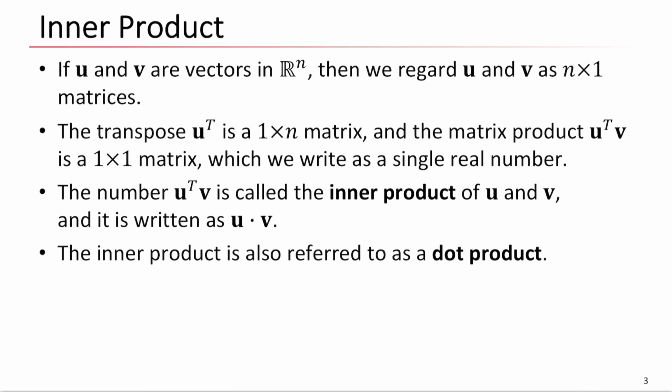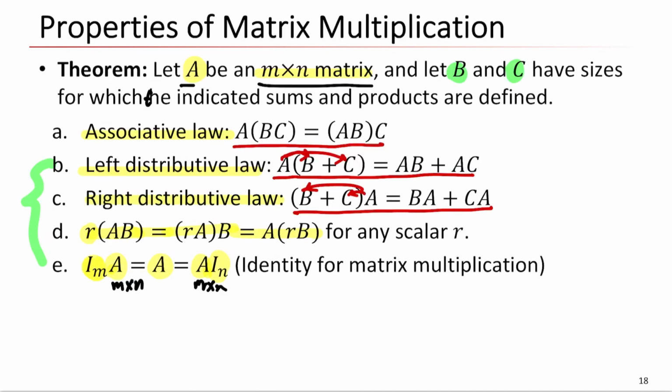Before starting, there was a question related to our lecture 5.1, right? In lecture 5.1, there was a property of matrix multiplication, but when I explained this property, I made some mistake.